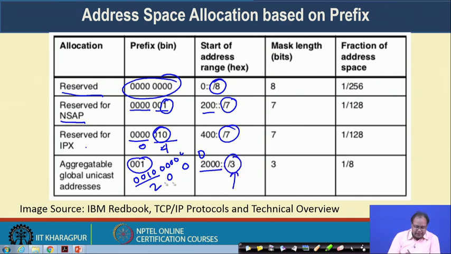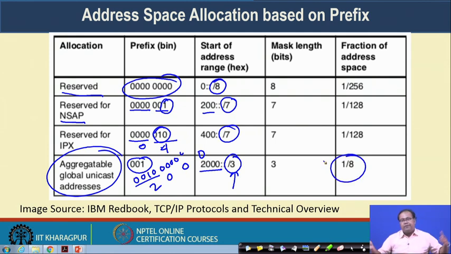If that is the case, then it is the aggregatable global unicast address, which is assigned to individual hosts in the network, and that is 1/8 of the entire IPv6 address space. That way we have a sufficient number of addresses to address every interface of a network.